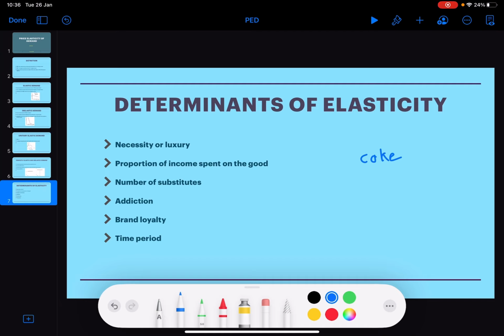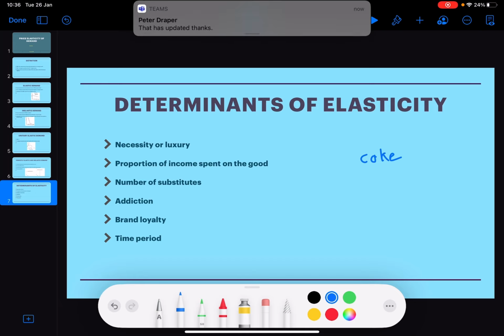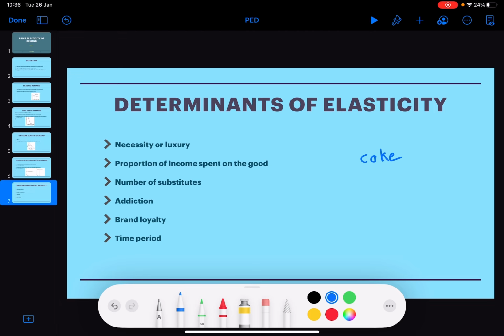Probably luxury, so elastic. Proportion of income spent on the good, small, so inelastic. Number of substitutes, lots, so elastic. Addiction, probably some people are addicted, so that makes it inelastic. Brand loyalty, again, some people are loyal, so that makes it inelastic. And time period, well, it doesn't take long to switch from Coke to Pepsi or Dr Pepper, so in this case time period is probably irrelevant.